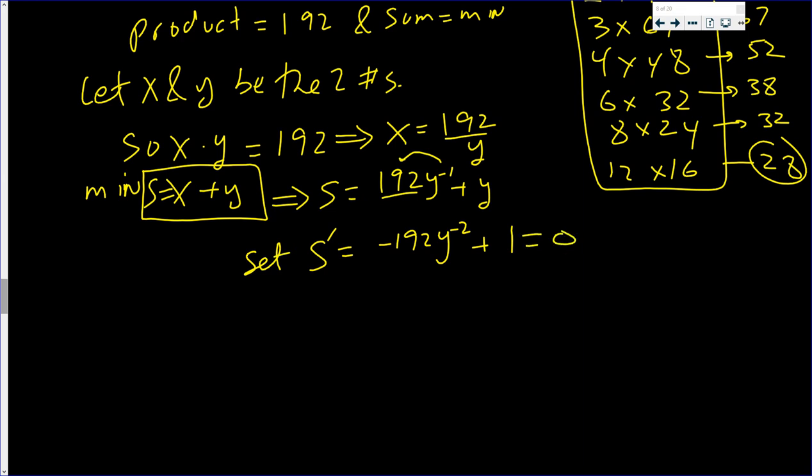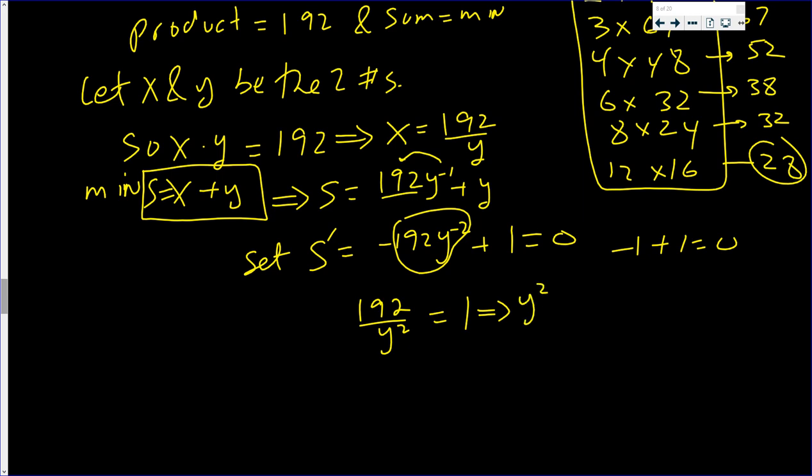So this number that I circled must be 1, because negative 1 plus 1 is 0. So 192 over y squared must be 1. You have a fraction that equals 1, so the numerator and denominator are equal to one another. So y is the square root of 192.